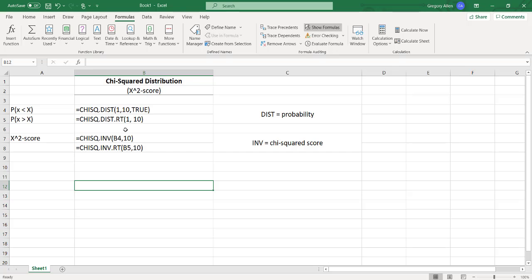If for some reason you really just want to know the value of that formula, the height of the curve, if you will, for a given x value, that's when you would put false in there. All right. Now that's not something you're ever going to have to do in an introductory statistics class.